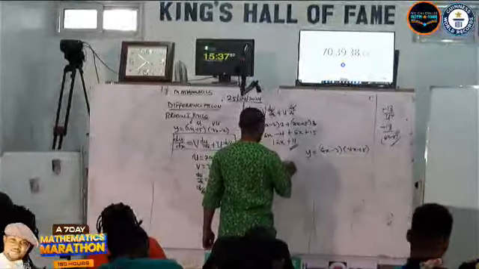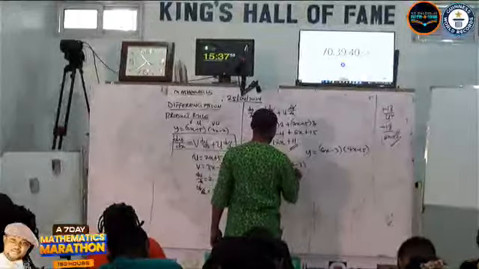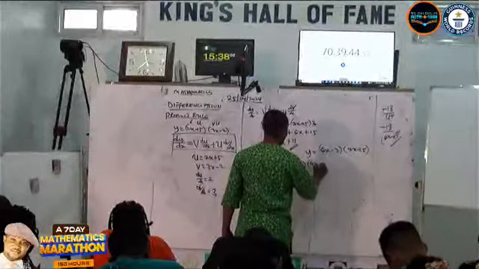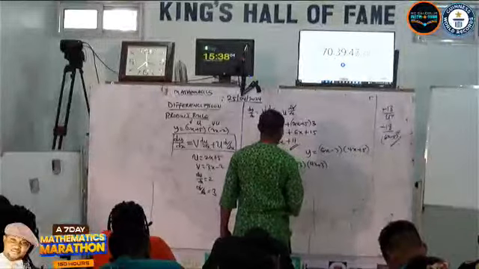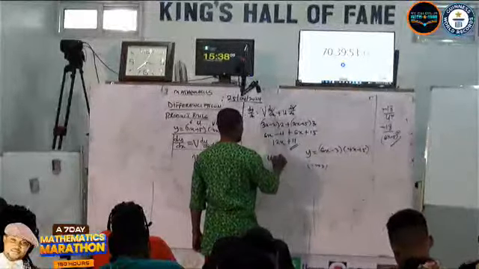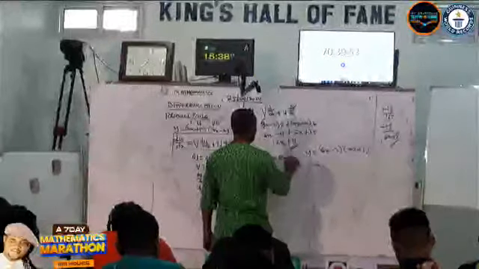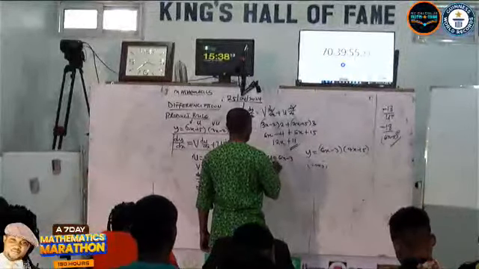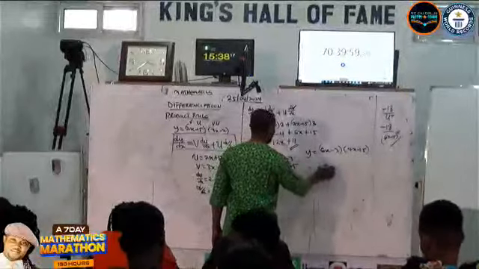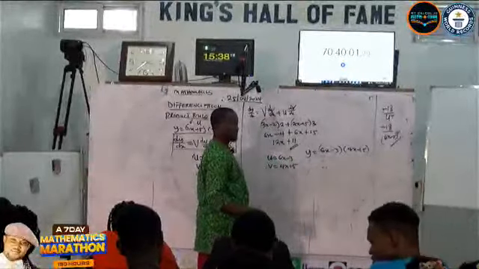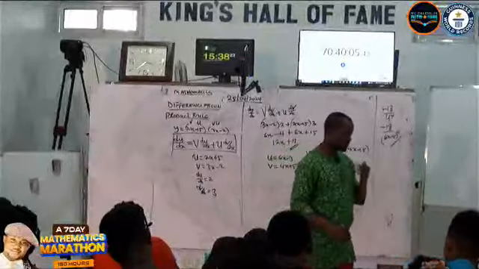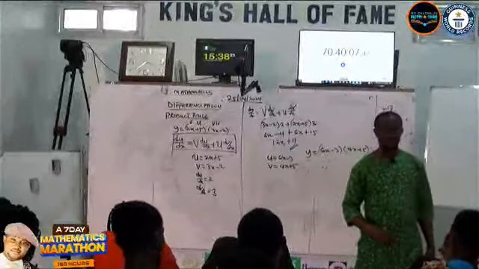U equals 6x minus 3, and V is that. Is that right?